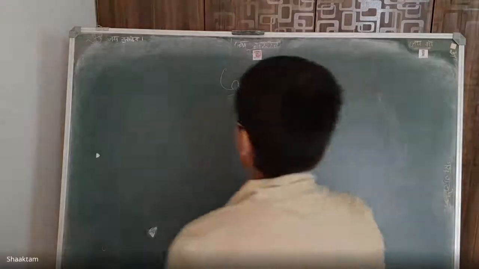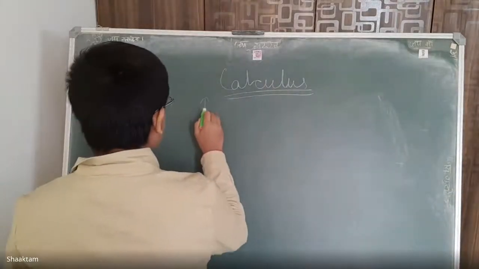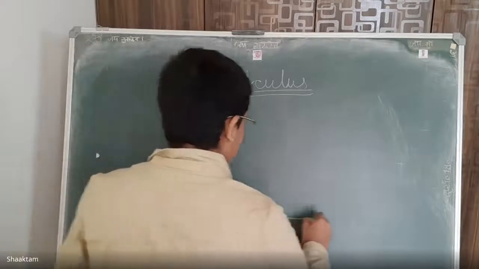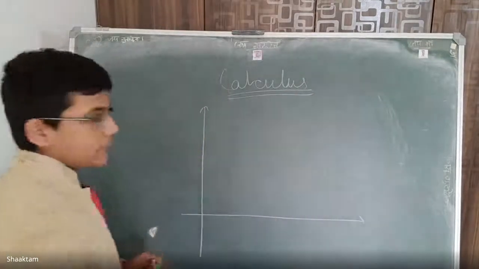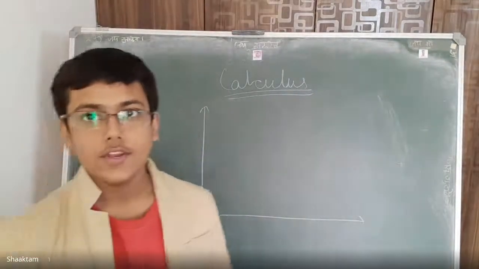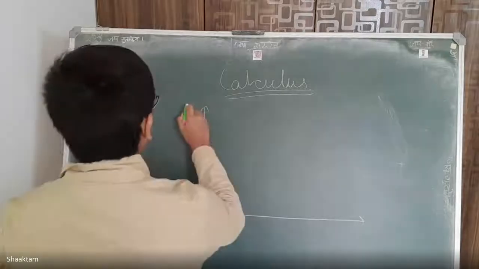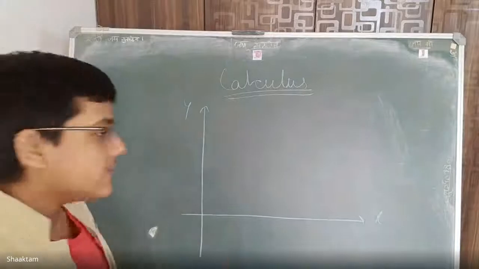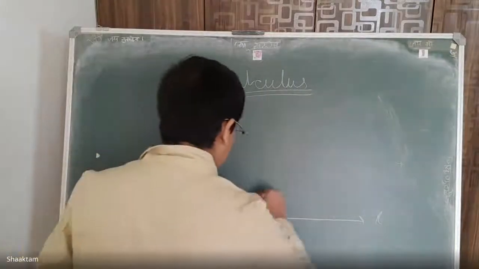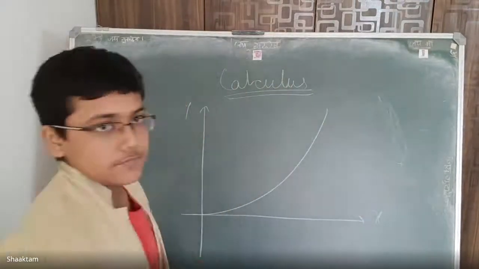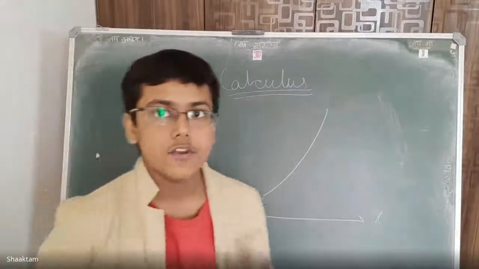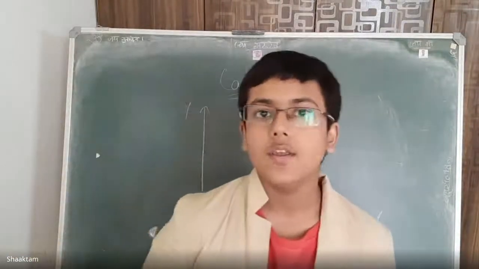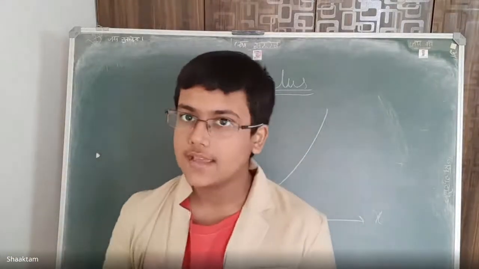So let us start. For differential calculus, let me take a graph and let me say there are two quantities which I have: one quantity y and a quantity x. Let me say that this curve represents how the quantity y varies with x.